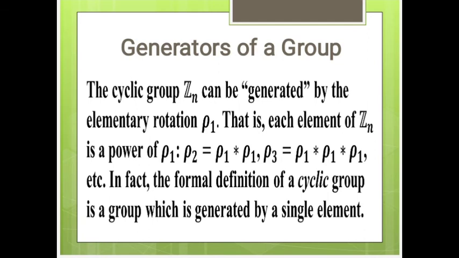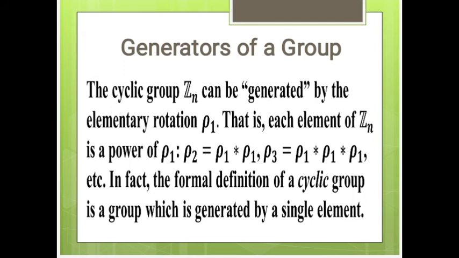Rho sub 2 is equal to rho sub 1 times rho sub 1, while rho sub 3 is equal to rho sub 1 times rho sub 1 times rho sub 1, and etc. In fact, the formal definition of a cyclic group is a group which is generated by a single element.